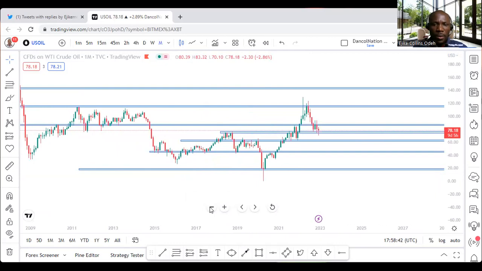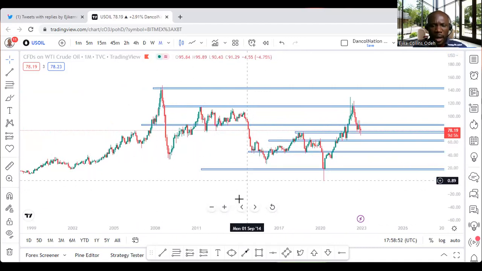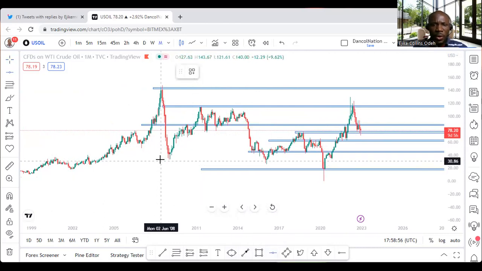Now, when you look at this place, if you are a smart money trader, you would have known that this market was so bearish since August of 2008, and it fell down up to this particular place.